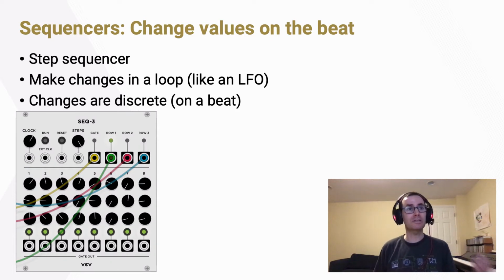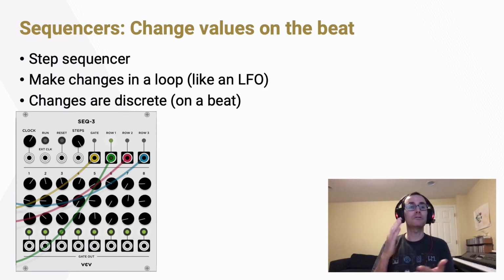Sequencers, and particularly the step sequencers that we're going to be looking at in this video, are different. They also change things over time. They run in a loop, just like a low frequency oscillator runs in a loop. But the changes are discrete. They happen very suddenly in little bursts every beat. And so we have a series of pulses and a metronome that's keeping track of those pulses.